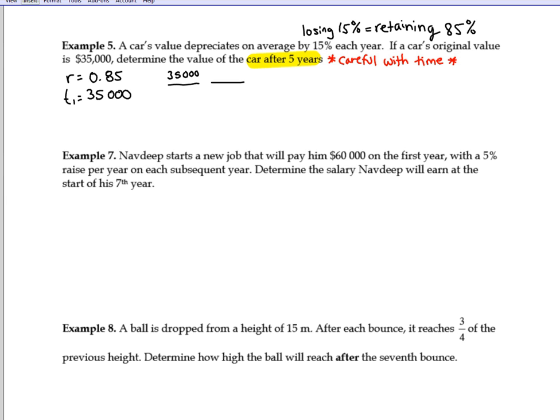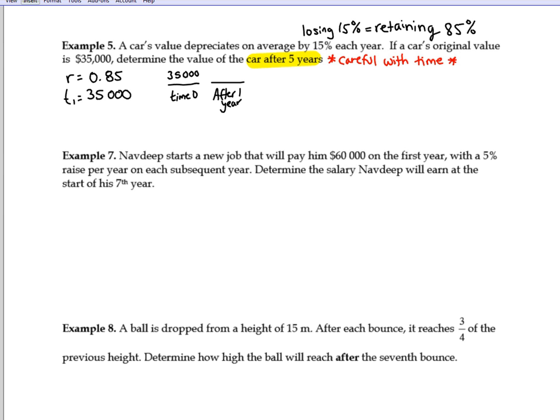The second term, is that year 2 or is that after 1 year? It's after 1 year, right? This would be times 0 initially when you first buy it, or term, well, this is term 1, but times 0, 0 years, right? When you first get it. The second term is after 1 year.